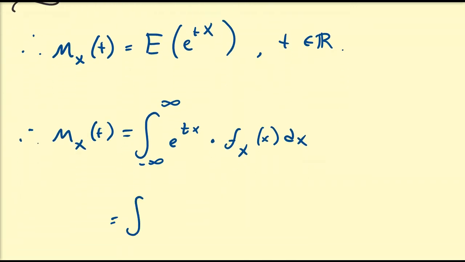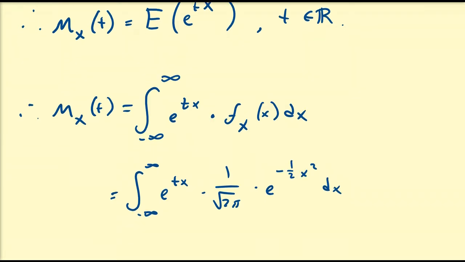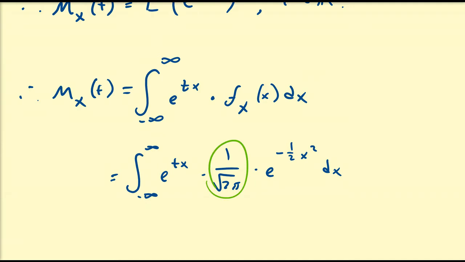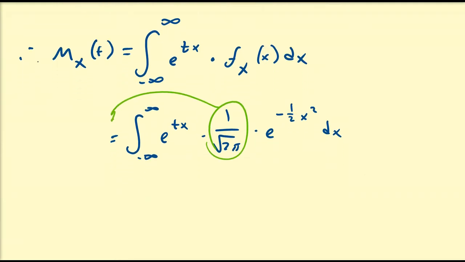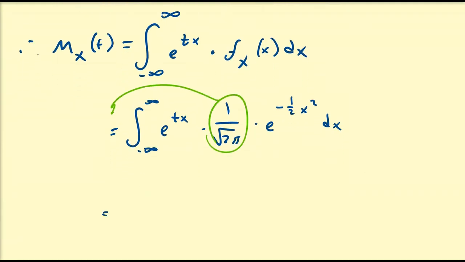So this is going to be equal to the integral from minus infinity to infinity of e to the tx times 1 over the square root of 2 pi times e to the minus 1/2 x squared dx. This 1 over square root of 2 pi is a constant, so I'm just going to pull it out. That gives us 1 over the square root of 2 pi, integral from minus infinity to infinity, e^(tx) times e^(-1/2 x squared) dx.